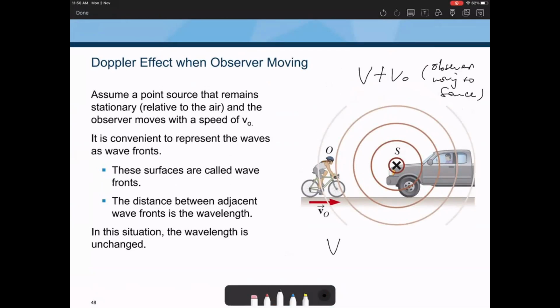On the other hand, if the observer is moving away from source, there would be a new apparent speed of the sound, V minus V naught. Observer moves away from source. The sound seems to be slower because it would be a longer time before the same wavefront can catch up with the observer.